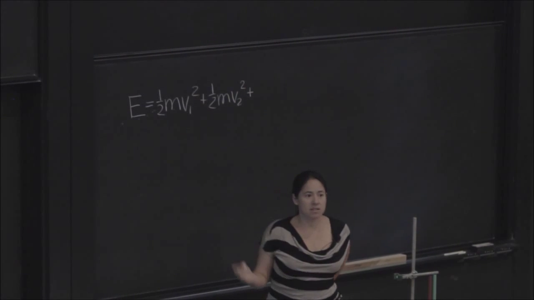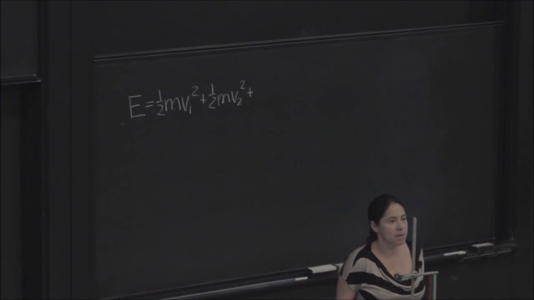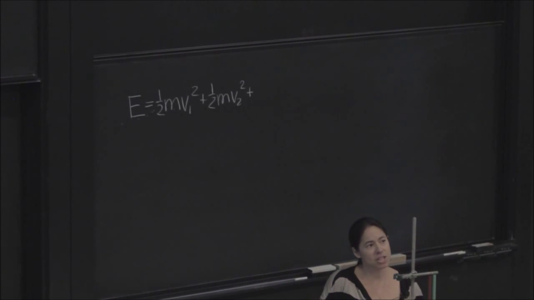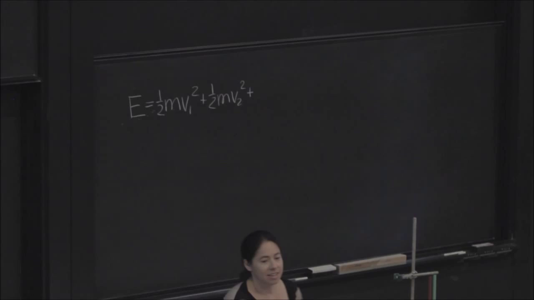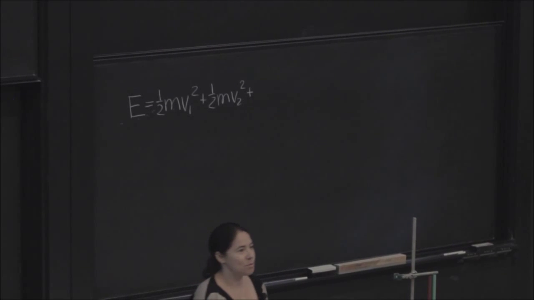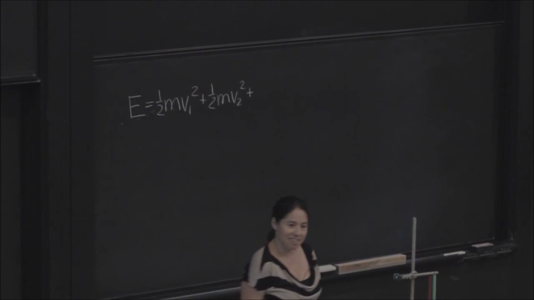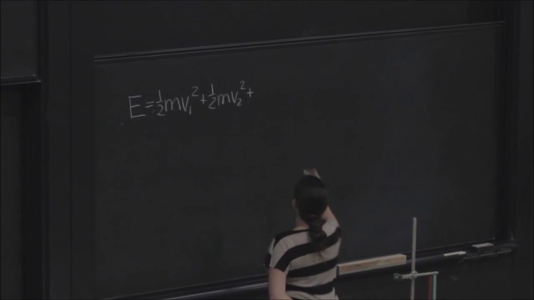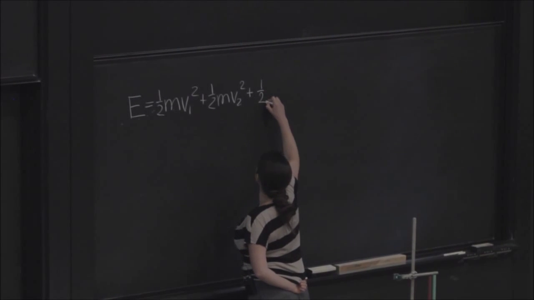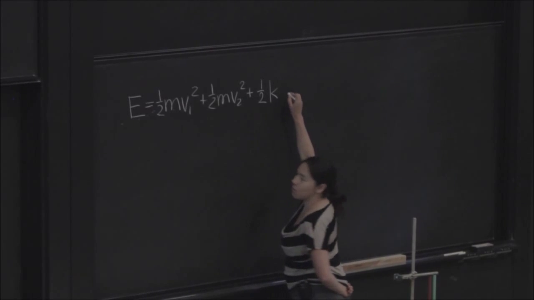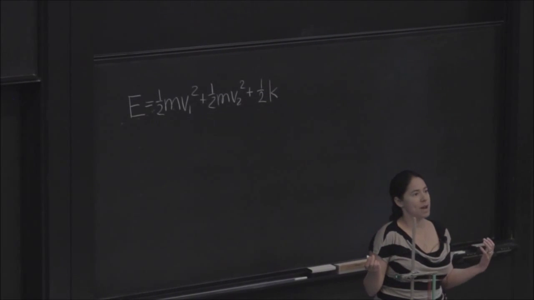What other energy is going to be in the system? Okay, what's the energy of the spring? Okay, what is x? What do I write here? How much is the spring stretched by?